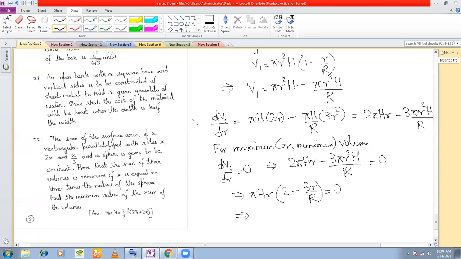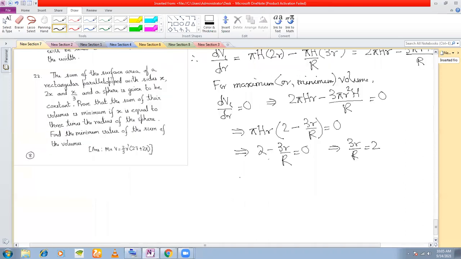That means you get 2 minus 3r/R is equal to 0. That means you get 3r/R is equal to 2. That means you get r, small r, is equal to 2R/3.